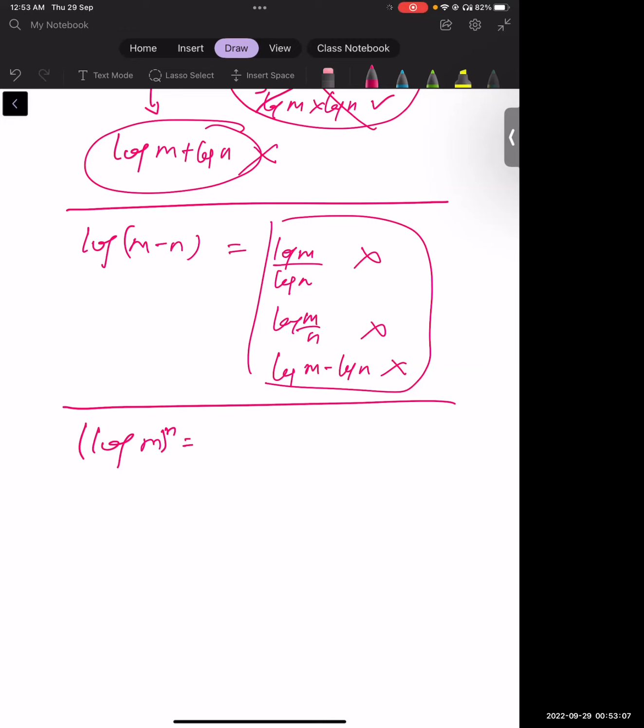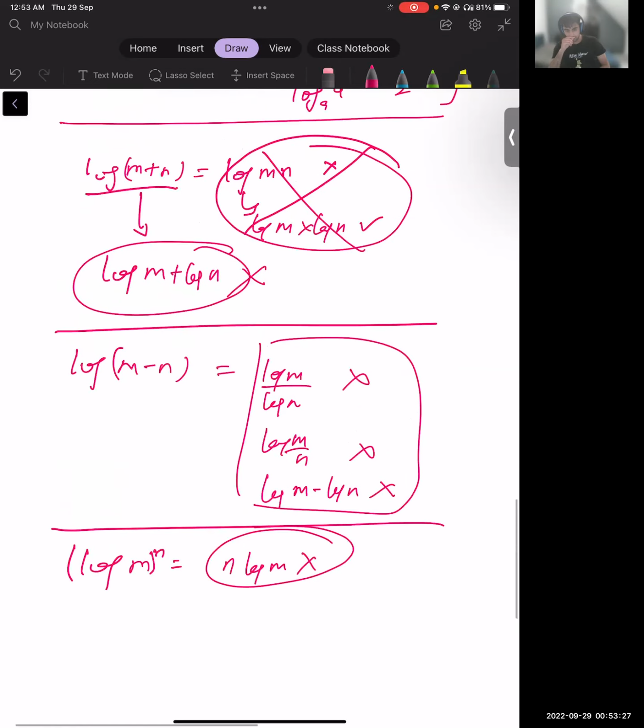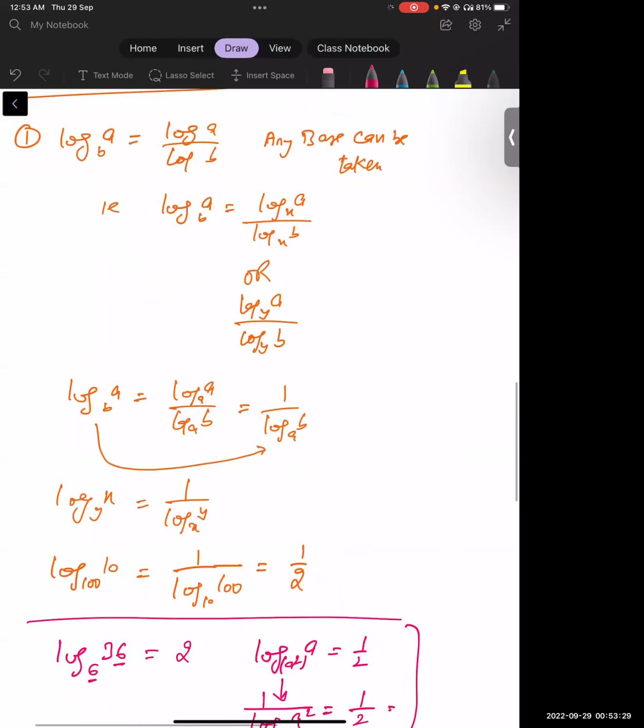No. n log m is wrong. Got it? That means all the three properties students mess up. Most of the time students mess up with this property and they apply the property where the property is not there. Got it? Students have to apply the property only on these three.